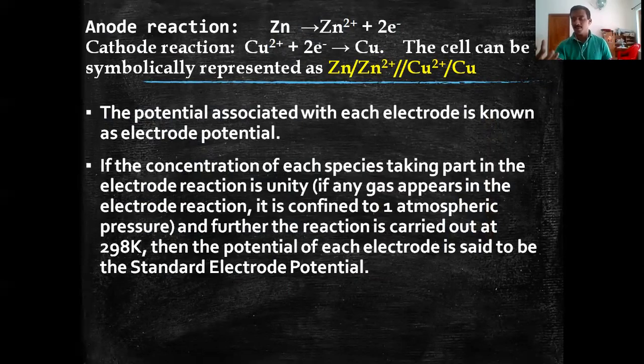It is the tendency of an electrode to accept electrons when it is in contact with its own ions. That is reduction potential. So for convenience, for the comparison of electrode potentials, we take only the reduction potential. So if you simply say electrode potential, that means reduction potential of the electrode.